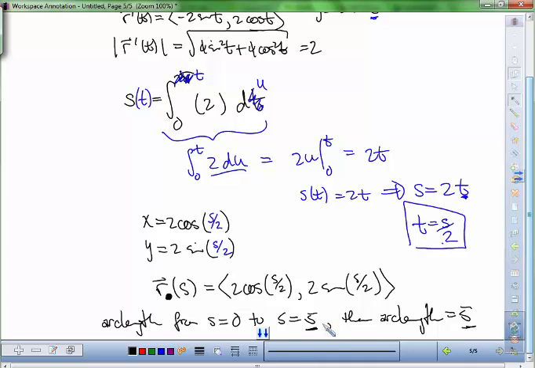Okay? So that's how to parameterize by arc length. Is that cool?